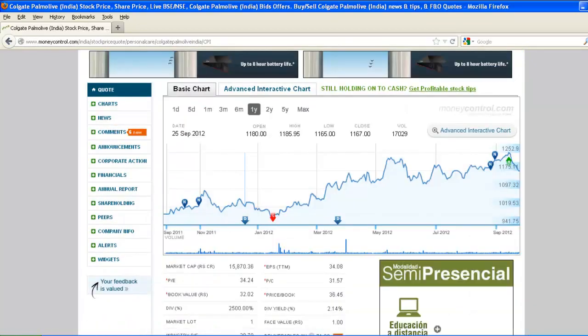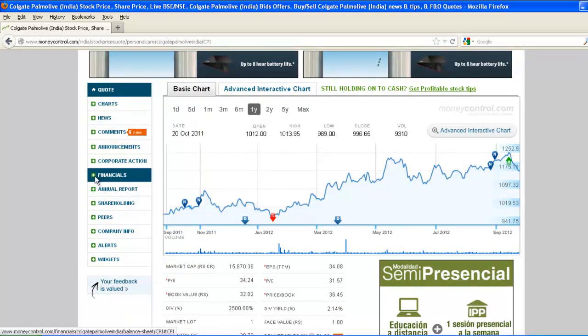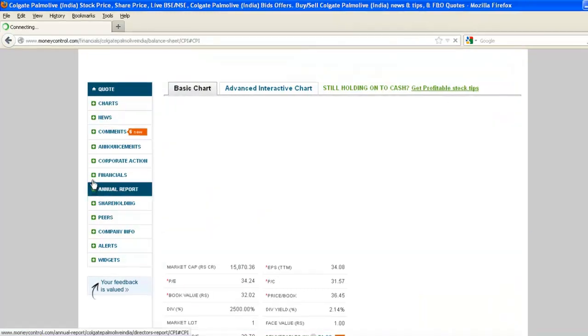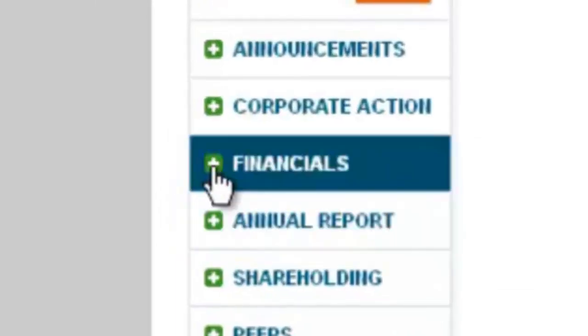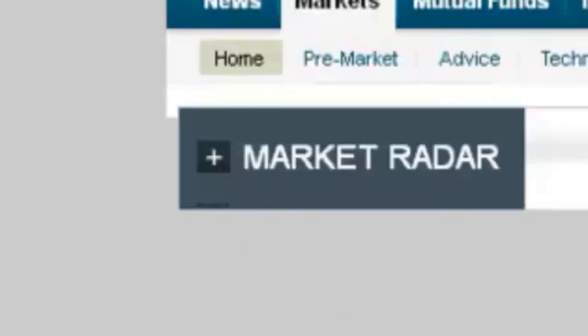Total number of shares you will get from either the balance sheet or income statement. So go to financials, click on financials.